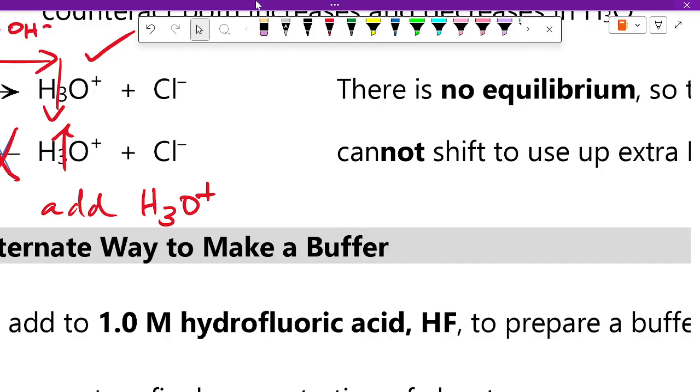So you can have a weak acid and add a strong base to it, and you end up kind of where we were yesterday. Do you remember when we had a weak acid and a strong base, and we ended up with both the weak acid and the weak base? So that's another way of making a buffer.